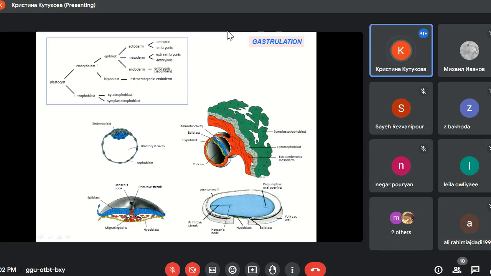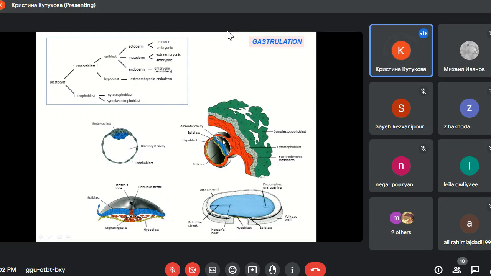This is chorion, consisting of cytotrophoblast, syncytiotrophoblast, and extra-embryonic mesoderm. Amnion consists of amniotic epithelium or amniotic ectoderm and extra-embryonic mesoderm, and the yolk sac consists of extra-embryonic endoderm and extra-embryonic mesoderm.